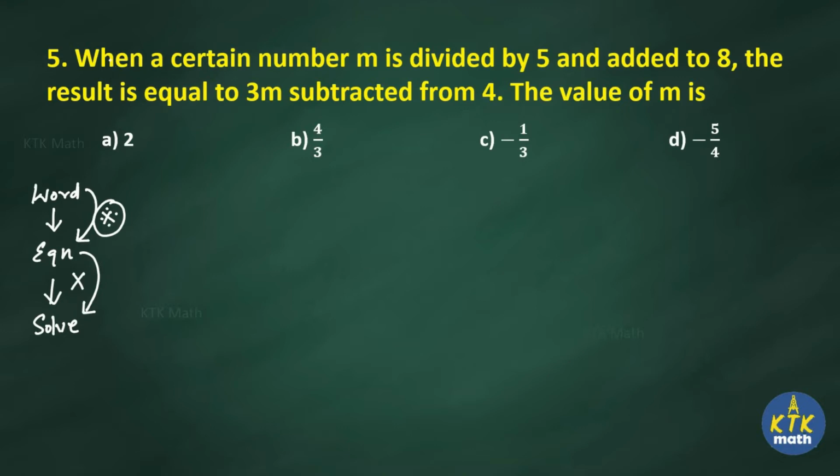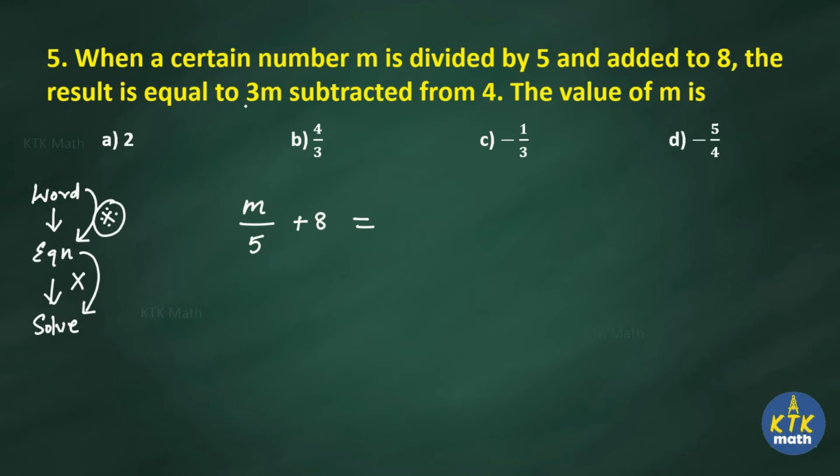Now let me do it. When a certain number m is divided by 5 and added to 8. So m divided by 5, so how can we write this one? m divided by 5 added to 8. And the second statement is, the result is equal to 3m subtracted from 4.